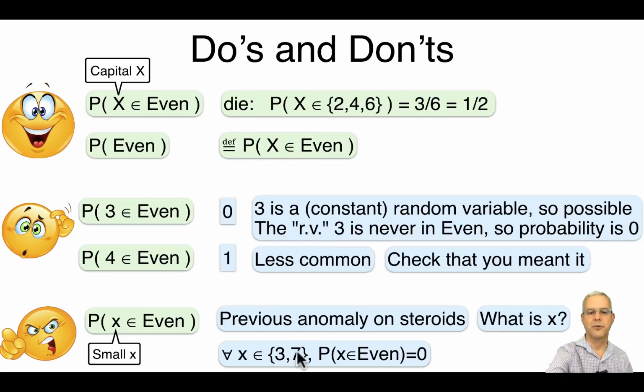So for 3 and 7, you can say that the probability that x is in even is 0, because the probability that 3 belongs to even is 0, and the probability that 7 belongs to even is 0. So if you write this expression, it's okay, but make even more sure that this is what you meant to write.